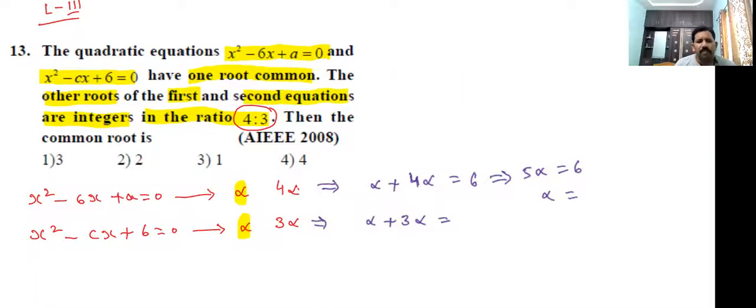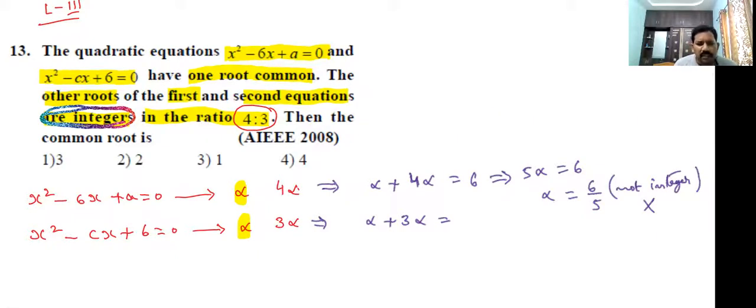The roots are in the ratio. Students, here observe that the roots are integers. Don't forget this. Okay, so we got alpha value 6 by 5. So this is not an integer. So this is negligible.